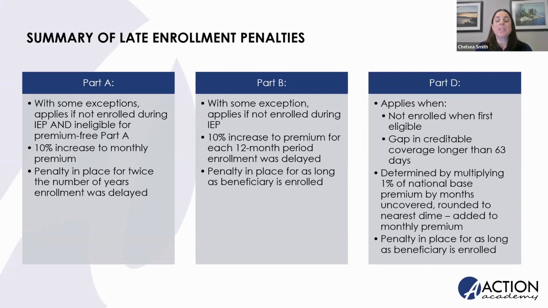It's determined by multiplying 1% of the national base premium by the number of months that the beneficiary went uncovered, and then rounded to the nearest dime. That amount is then added to that monthly premium. That penalty stays in place for as long as beneficiaries are enrolled. So the reason we don't have one specific number is because everyone's premium for Part D is going to be different, right? Depending on what plan that person chooses.